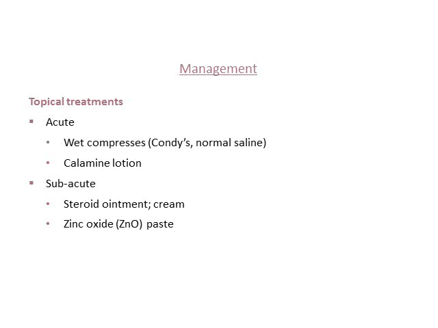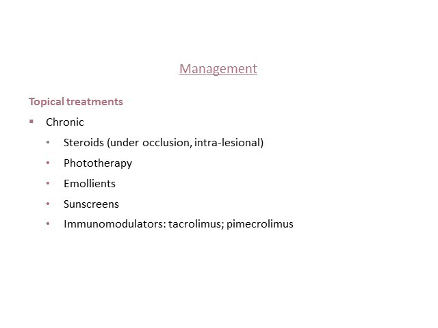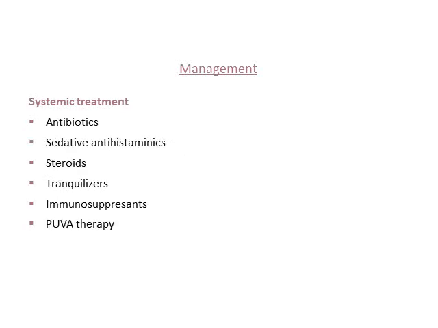In subacute you can use zinc oxide paste or even steroid. Chronic cases you need to use moisturizers, and you can give potent steroids, and phototherapy, emollients, sunscreens can be used. Immunomodulators such as tacrolimus and pimecrolimus are also used. Systemically we give antibiotics, antihistaminics, steroids, immunosuppressors.